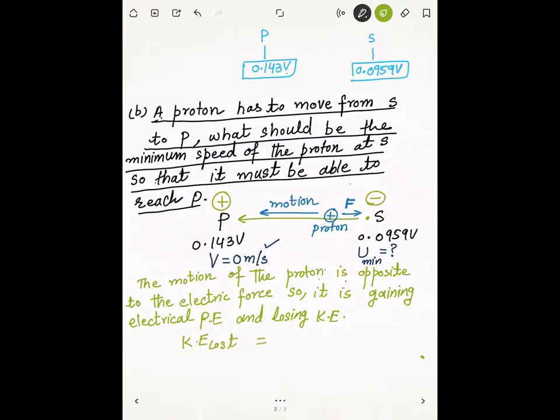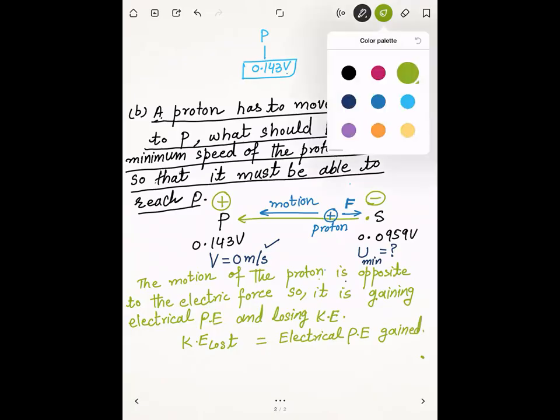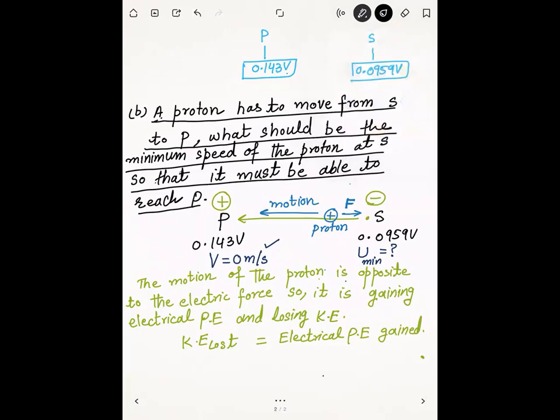we'll say that Ke lost will be equal to, we are equating the magnitudes, Ke lost will be equal to electrical PE gained. When we equate the loss and gain of energy, we have to focus on one thing. We have to keep both the sides as positive. For example, the initial Ke will be bigger.